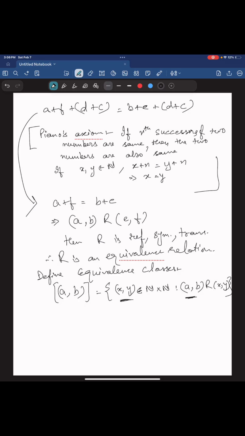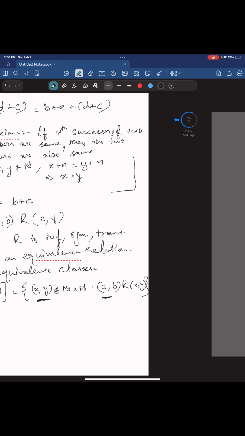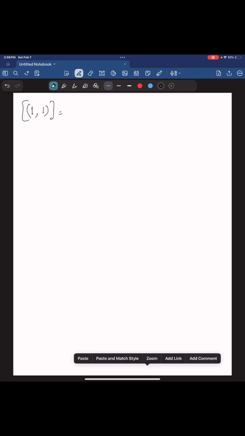So let's take some examples. For example, we take the point (1, 1), the equivalence class of (1, 1).